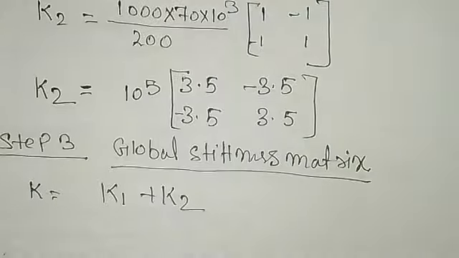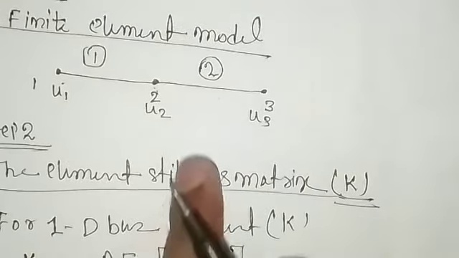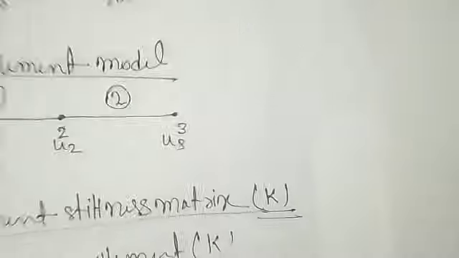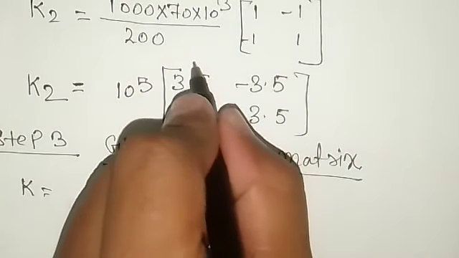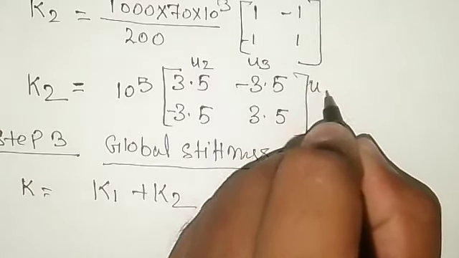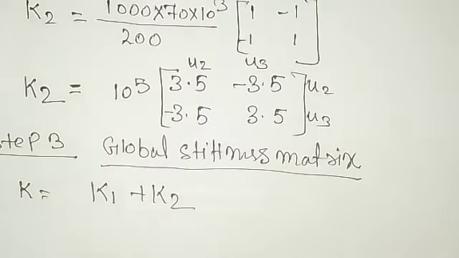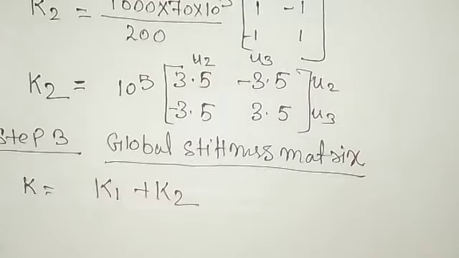Similarly for element 2, it is connected between 2 and 3, so we can write the nodal displacements U2 and U3 here. So the global size of the matrix is 3 by 3.